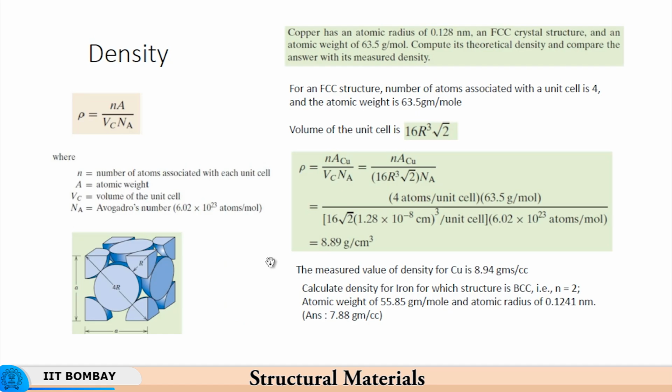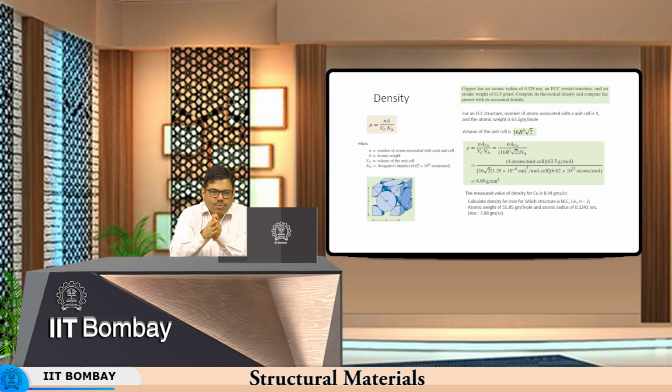So basically, based on the nature of the structure, the arrangement of atoms, you can compute the kind of density the material is going to have. For example, in case of face centered cubic, let's say you take copper, you have a face centered cubic structure.